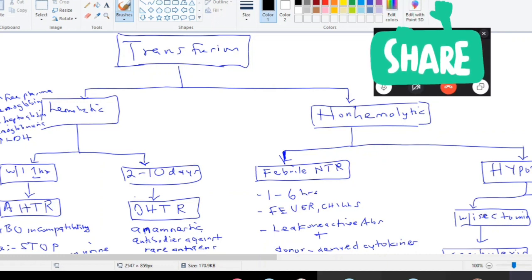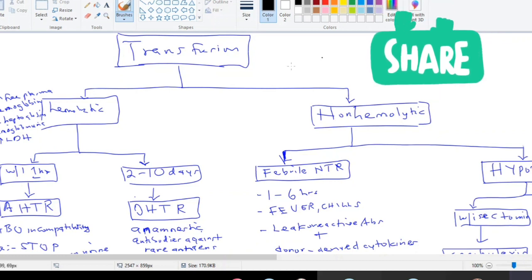So for transfusion reaction, to make life easier, the two major categories are going to be either hemolytic or non-hemolytic transfusion reaction. A patient is transfused with some blood products, and you can have some sort of reaction shortly before, shortly after starting the transfusion, or sometimes within a few days after.